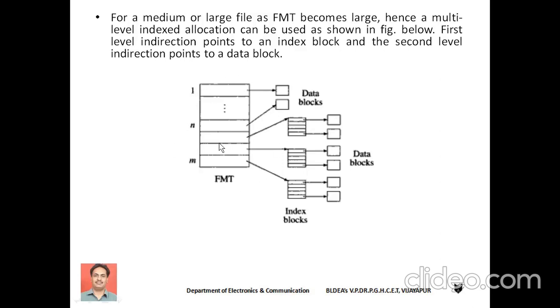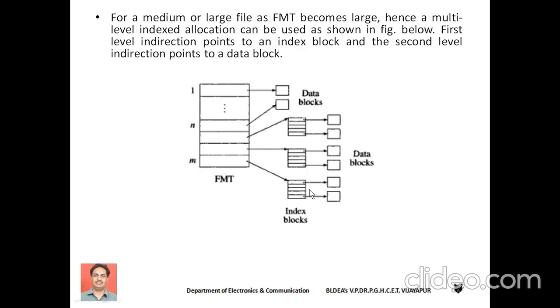Okay, if you look at the example, here we have the file map table. The file map table contains the address of index blocks, and these index blocks in turn contain the address of data blocks. Students, please try to understand. Here in this case, the file map table contains the address of the index blocks, and these index blocks in turn will contain the address of data blocks.